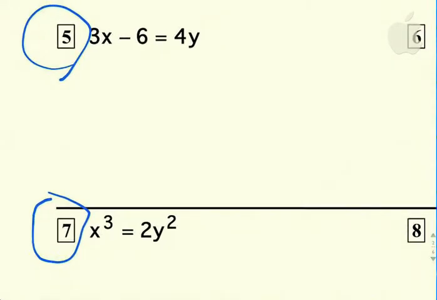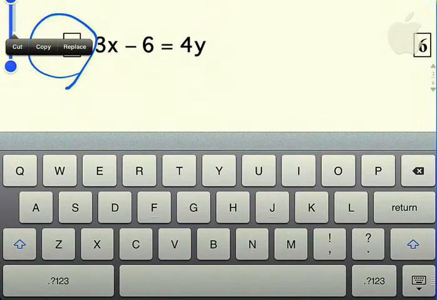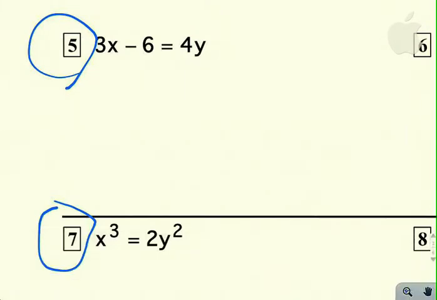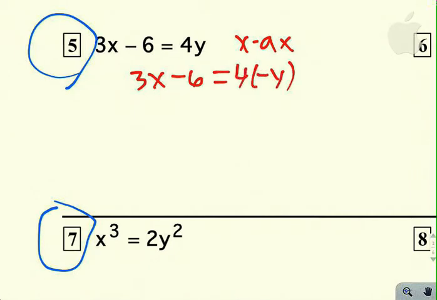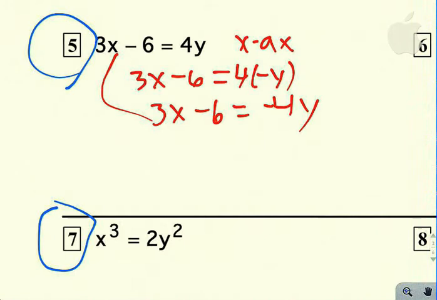For number 5, we'll do x-axis first. And you negate the y. So 3x minus 6 equals minus 4y. These two equations are not equivalent, so there is no x-axis symmetry.